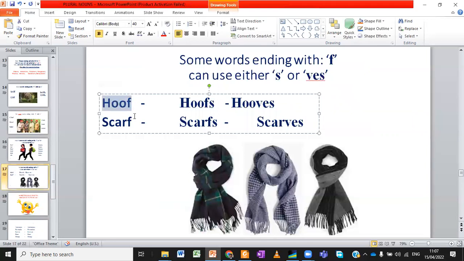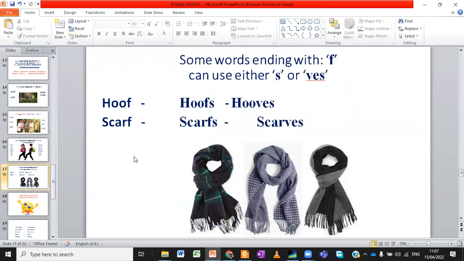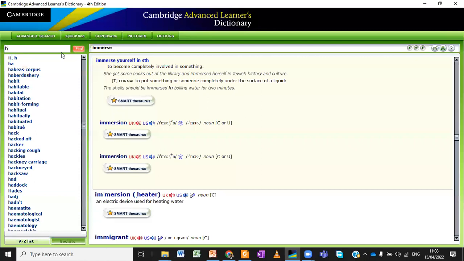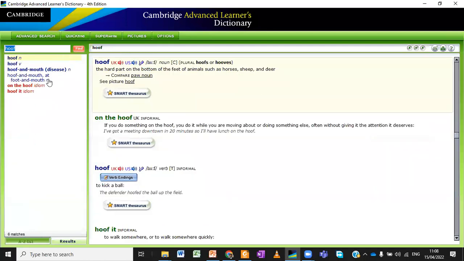Like hoof, you know what this is, right? Do you know what it means? Okay, the hoof is the shoe of the horse or the cow. You see, that's a hard thing. Okay, let me see if I can put it on the screen. No picture.